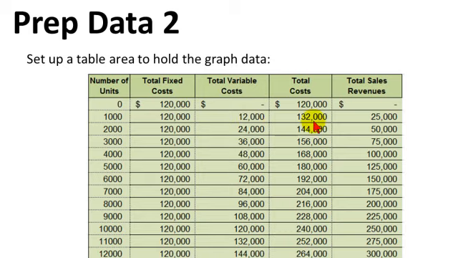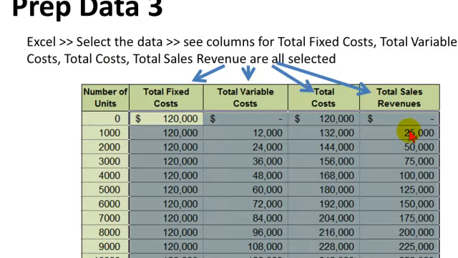Add these two together and you can see here we've got 132,000, and the sales revenue at that number of units sold, oh dear, it's only 25,000. So I'm assuming that you can see at half a glance that that's going to be a long way below the break even. When we're constructing a graph, first thing that I do is I highlight the data only.